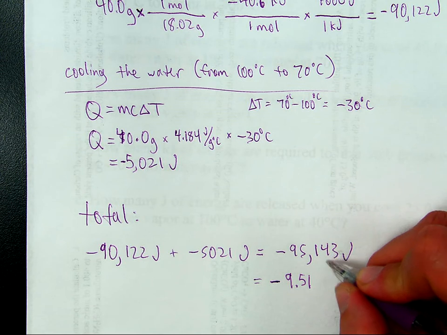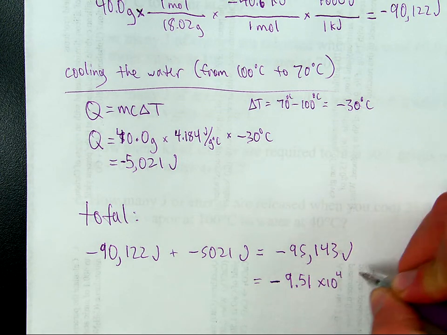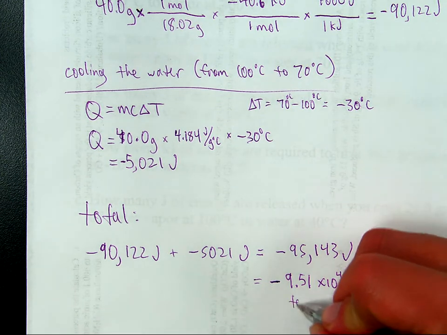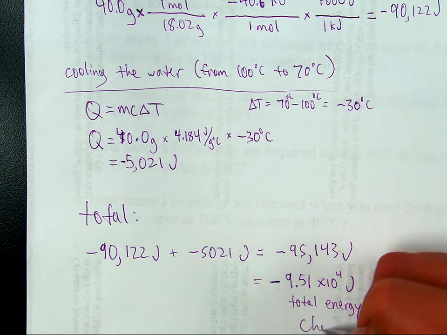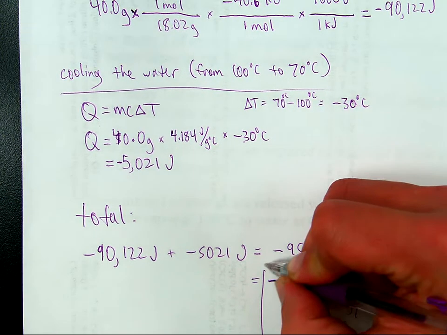It's 1, 2, 3, 4. So times 10 to the 4th joules. So negative 9.51 times 10 to the 4th total energy change. That would be the answer.